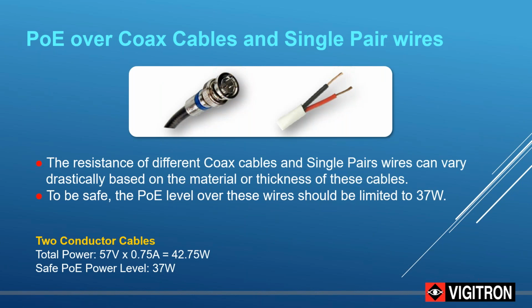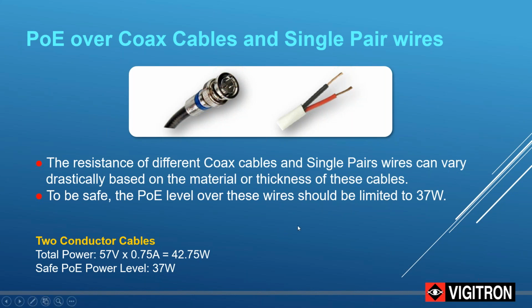Same is true of single pair cable. But with single pair cable, we have other variations in the fact that we have many different types of single pair cable. We have 24/2 all the way down to 16/2. And so the gauge of the wire will affect the distance and the ability of transmitting PoE.